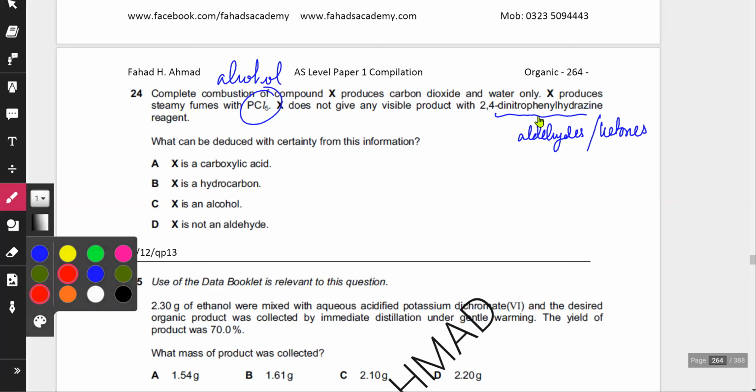Now we're saying what could be deduced with certainty. The first one is it is not a hydrocarbon. That's definitely not correct.